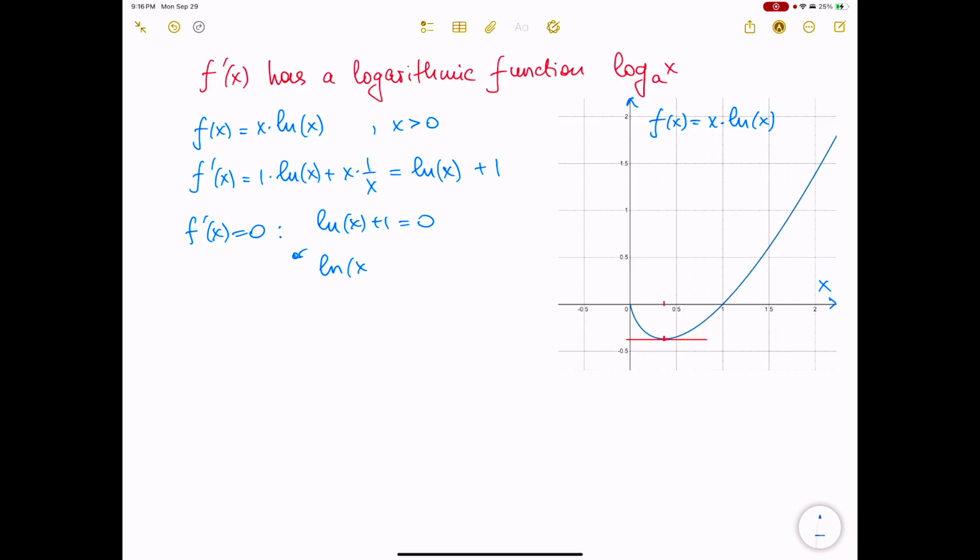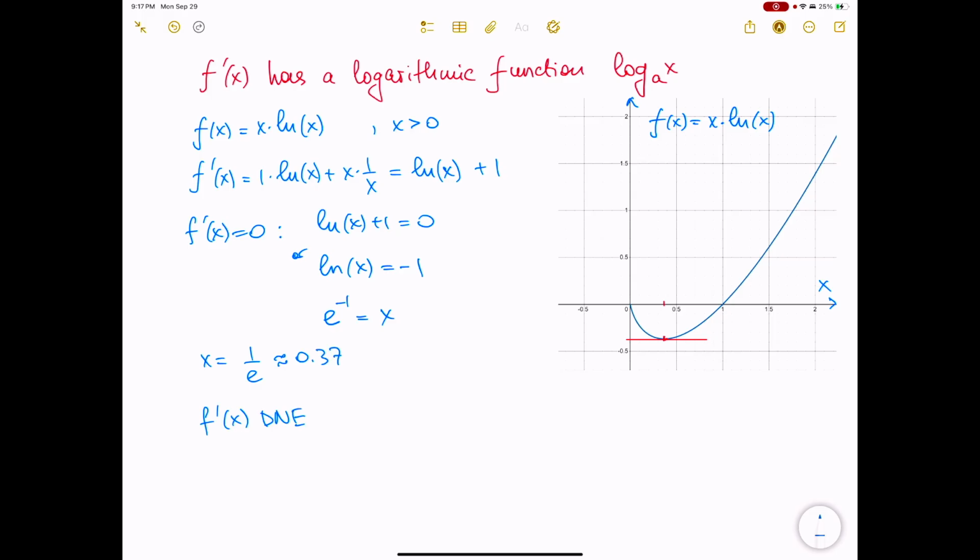This only happens when natural logarithm of x is equal to minus 1. Because natural logarithm has the base e, natural logarithm of x equals minus 1 is the same thing as e raised to the exponent minus 1 equal to x. This gives us a critical number, x equals 1 divided by e, which is approximately 0.37.